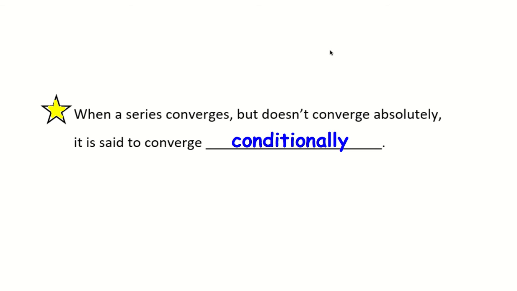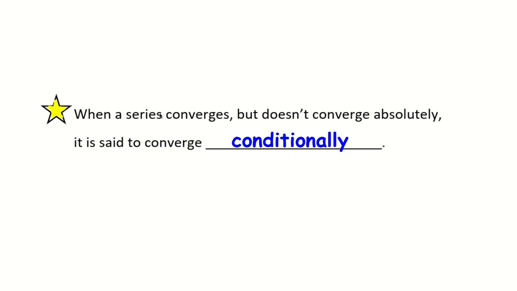If your series converges absolutely, then it converges, period. It converges without the absolute value or with the absolute value. But this is the other side of that coin.